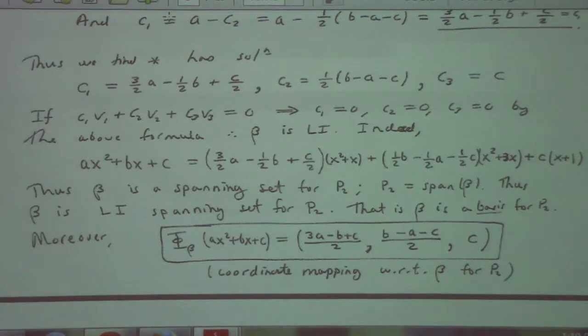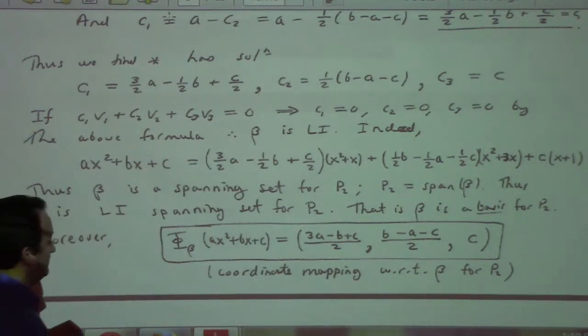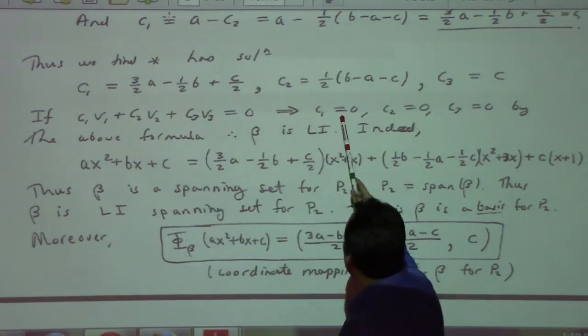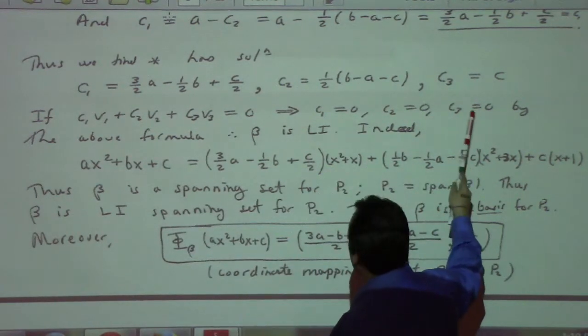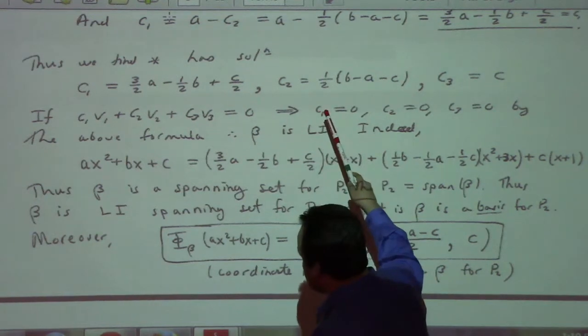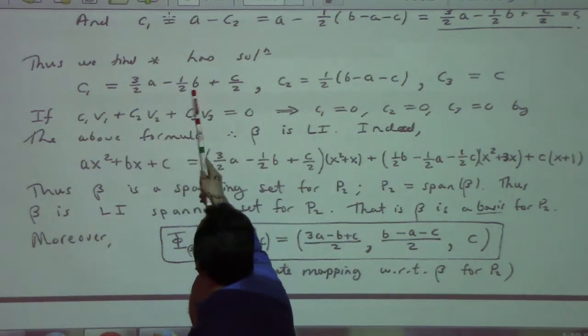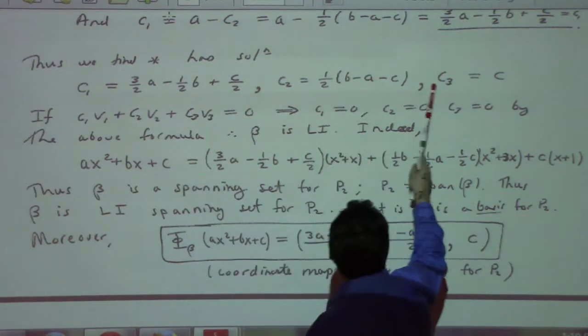If I set C1 B1 plus C2 B2 plus C3 B3 equal to 0, that means that I can get that C1 is 0, C2 is 0, and C3 is 0 because I have that C1 is this, C2 is this, and C3 is that.